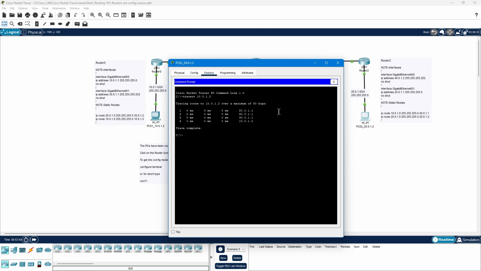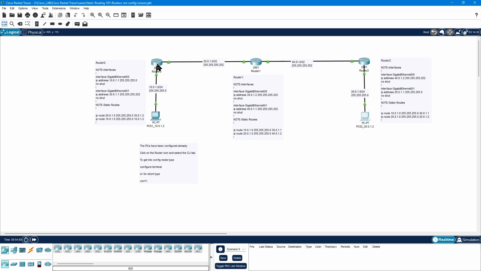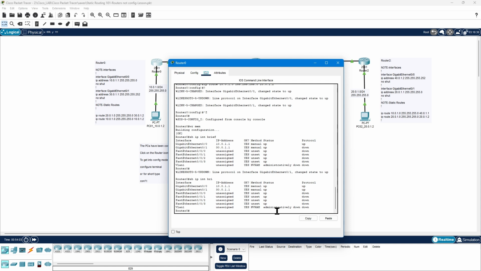See, boom, boom, boom, it's done, trace complete. That means now that the routes are known by the routers. Now, because that's established, we're going to look in the routers this time, and see what the router thinks about all of this.